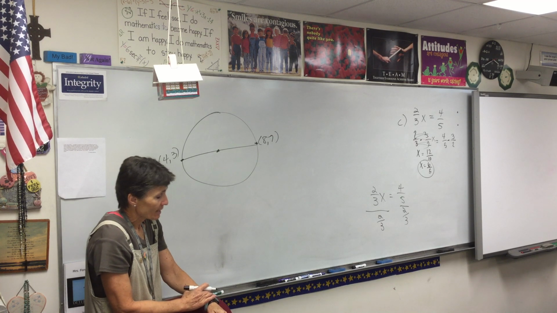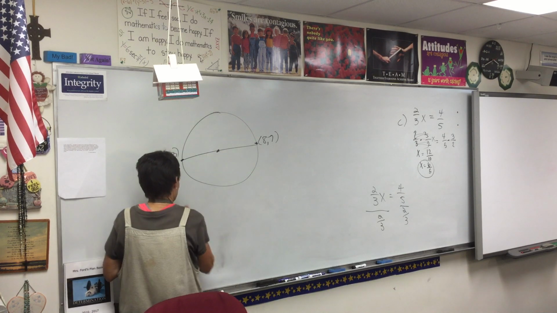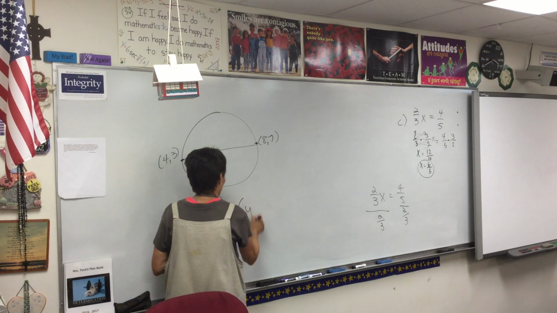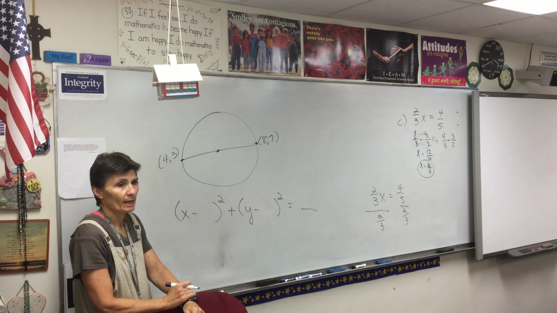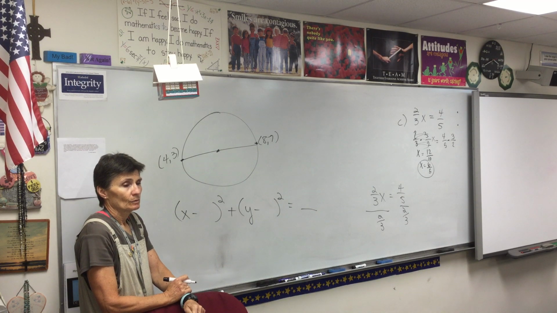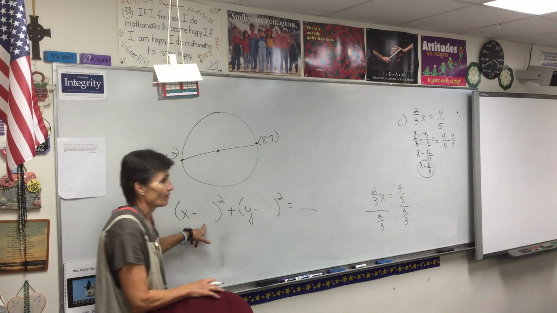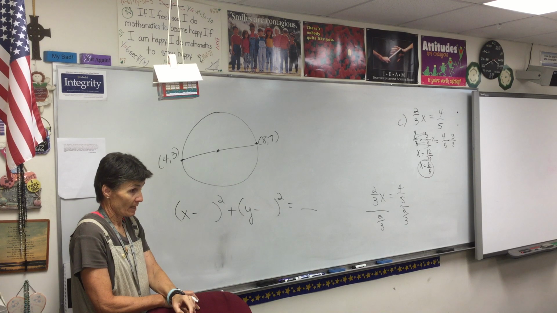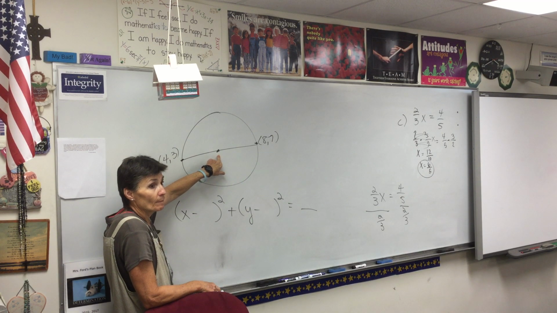Okay, let's gather our thoughts for a minute. Remember, circles look like this. x minus something squared and y minus something squared equals a number. That's what circles look like. So I need to figure out the numbers that go inside here. And those are going to be the center, right? So how am I going to find the center? Midpoint.